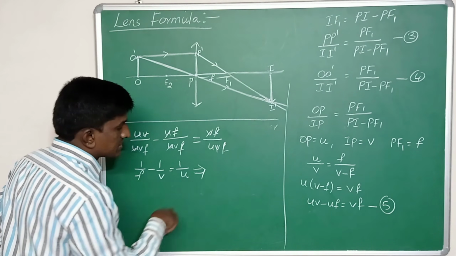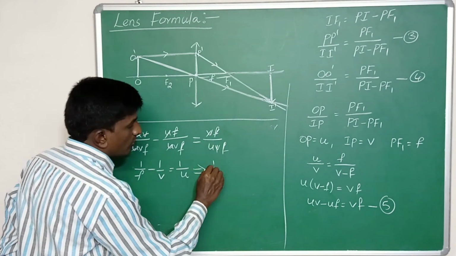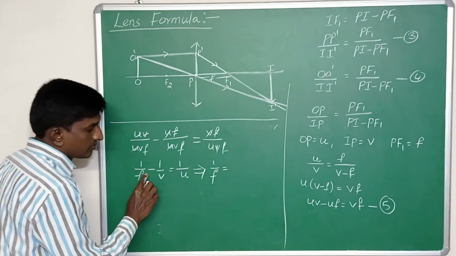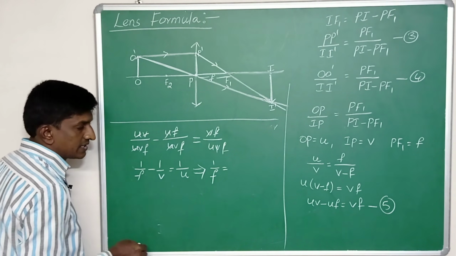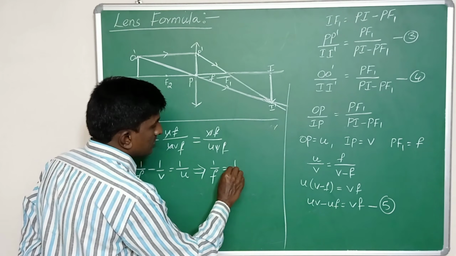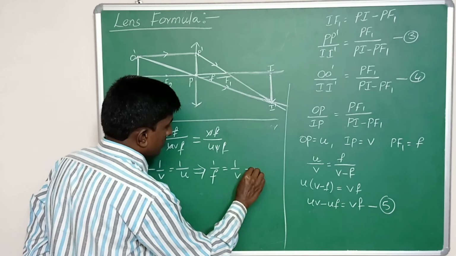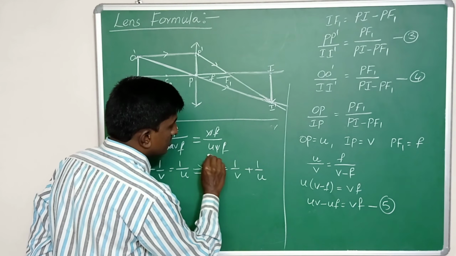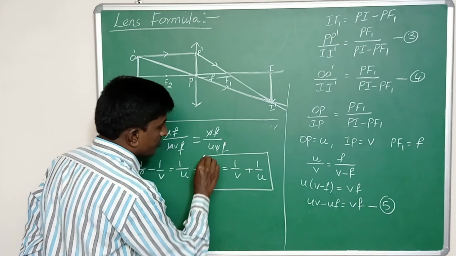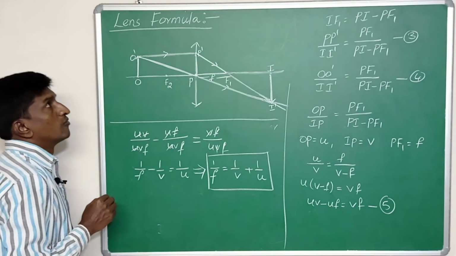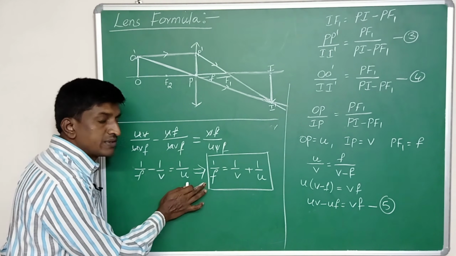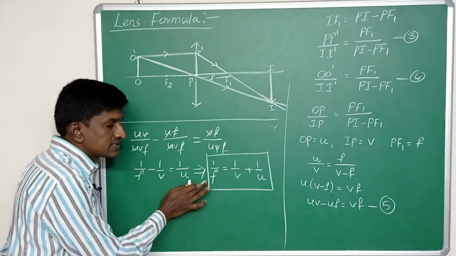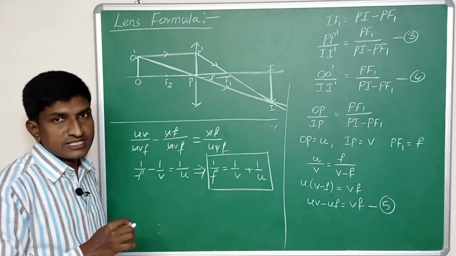This equation can be written as 1 by f equals, taking 1 by v to the right-hand side so it becomes positive, 1 by v plus 1 by u. This is the lens formula, but this formula is derived in the case of a convex lens.